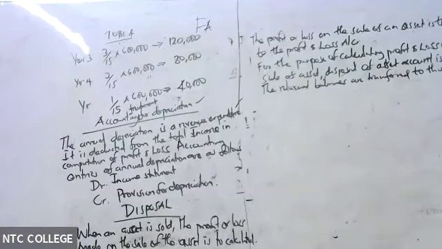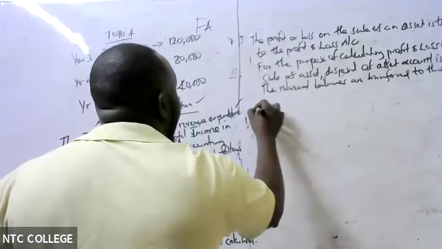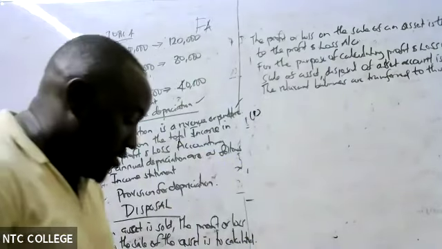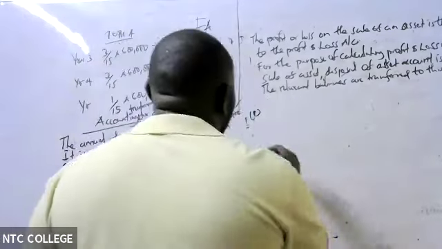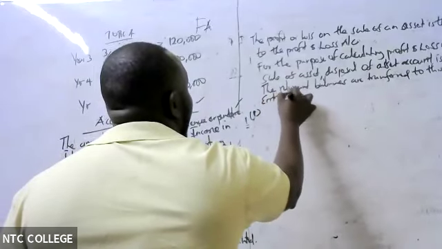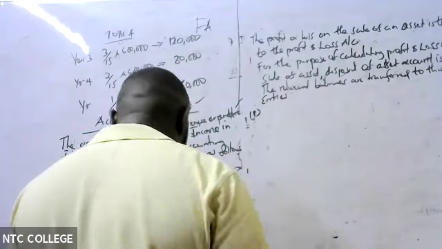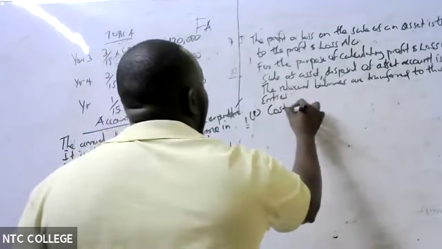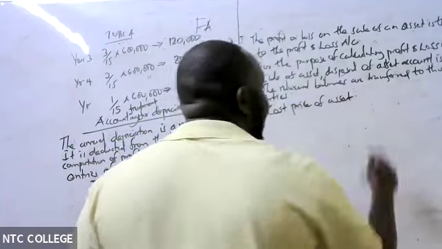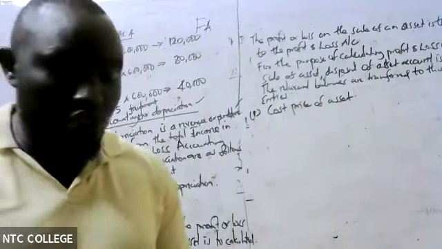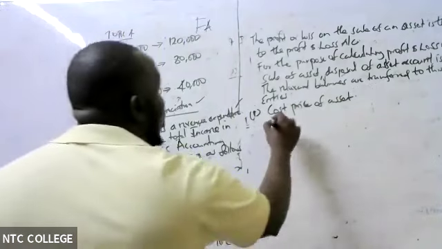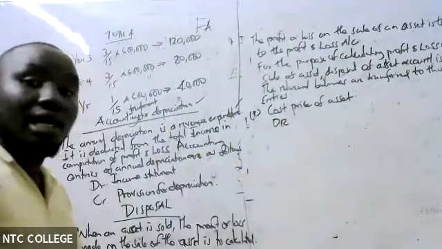So very important, together. So the first entry, we can have entry number one. We know that those are entries. So the first entry, we say cost price of an asset. That is the value of that asset that was bought. What do you do to that value? Remember, we open the disposal account.